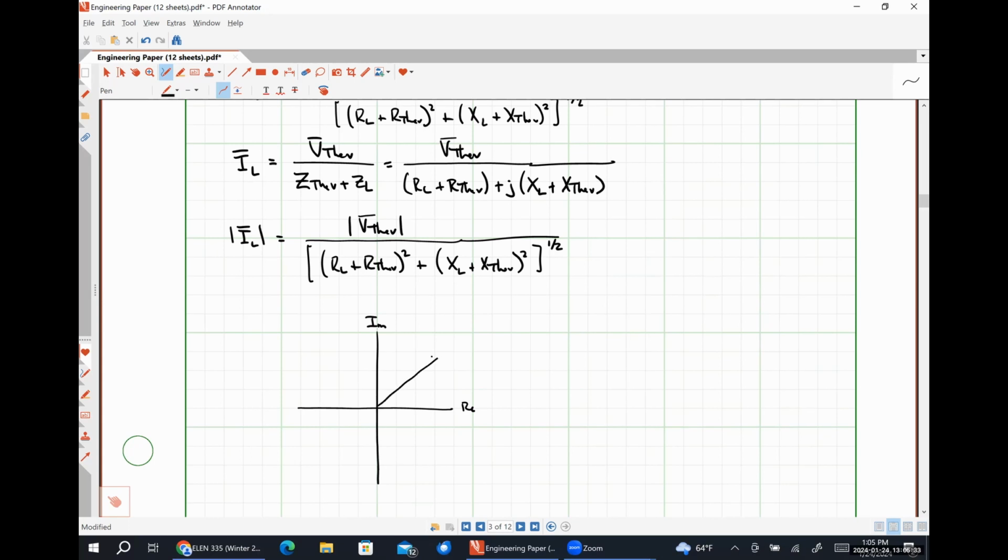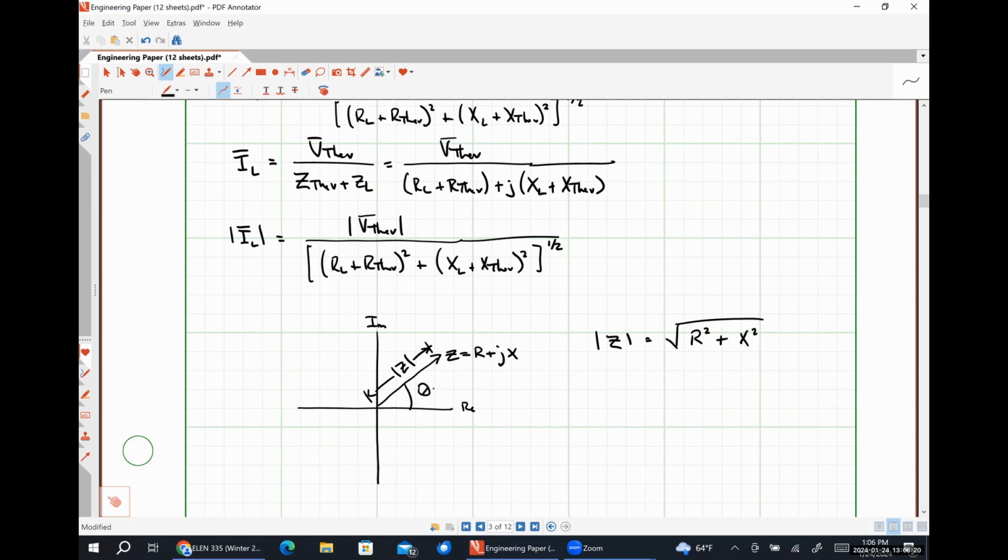So for some generic impedance, Z is equal to R plus JX. The magnitude or the length of this guy is just the magnitude of our impedance Z, where the magnitude of Z is just the square root of R squared plus X squared. Exactly the same relationship that we were using up above, right?